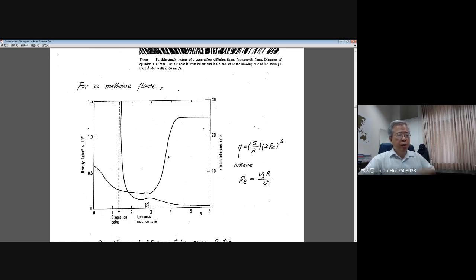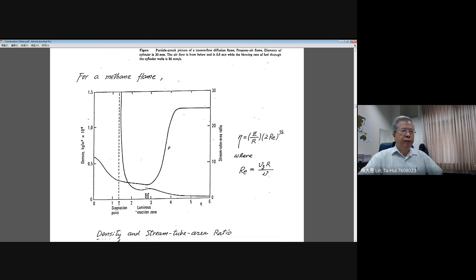I will let you know the temperature variation in the next pages. But this is the first part, to let you know the flow structure variation for a given diffusion flame located in the forward stagnation point flow.